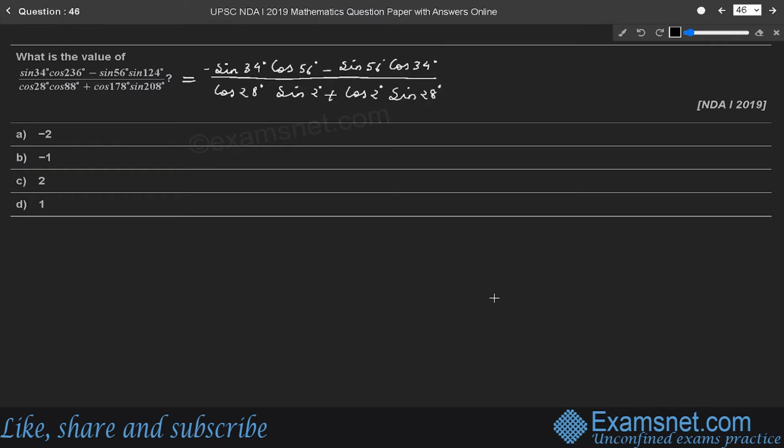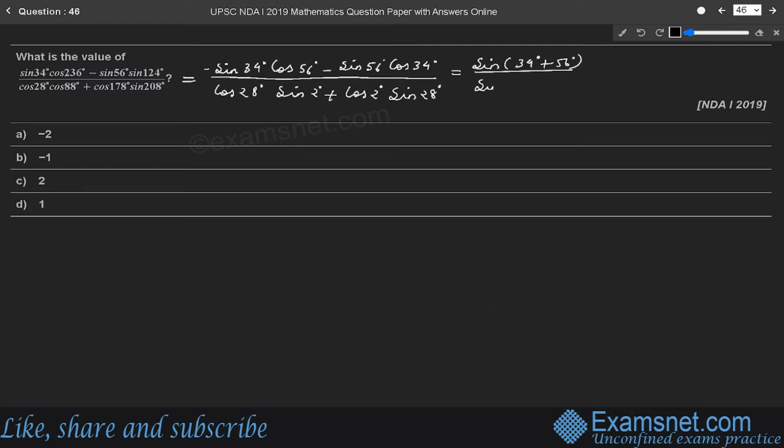So on further solving, we will use the formula for sin(A plus B). We know that sin(A plus B) is sin A cos B plus cos A sin B. Therefore, the numerator will be sin(34 plus 56).